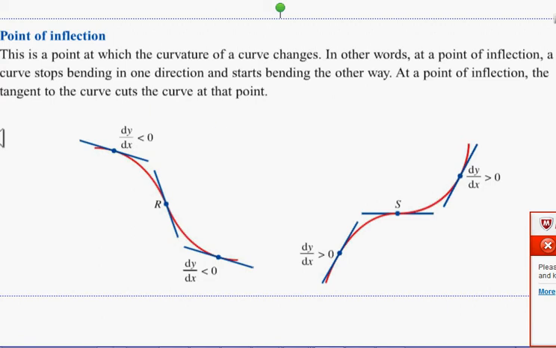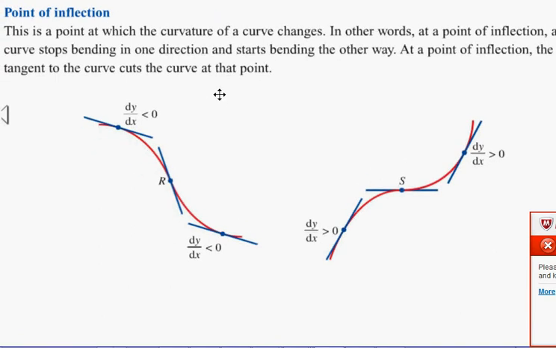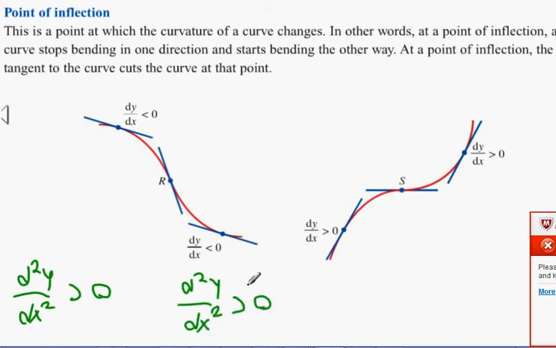Now, there is one other type of thing, what's called the point of inflection. Remember what I said earlier? If the second derivative is bigger than 0, it's a minimum. Sorry, if the second derivative is less than 0, it's a maximum.